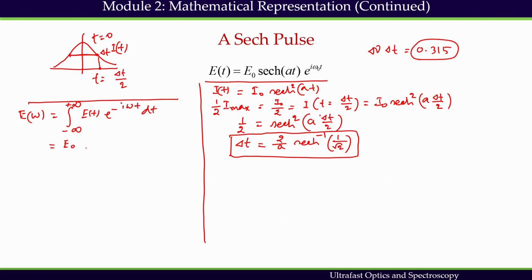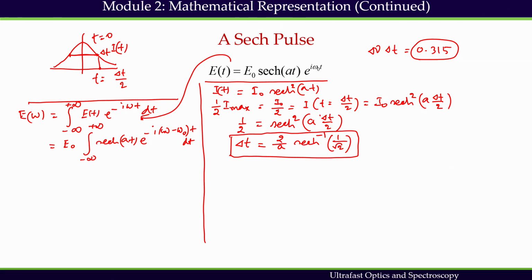So I can write E naught times the integral from minus infinity to plus infinity of sec hyperbolic of a t, e to the power minus i omega minus omega naught t dt. I just plug this in here. And this is a standard Fourier transform.